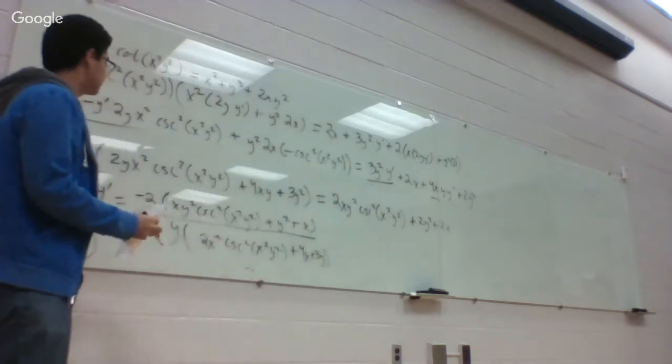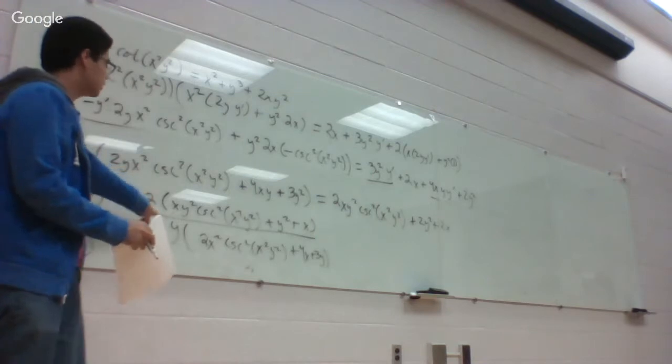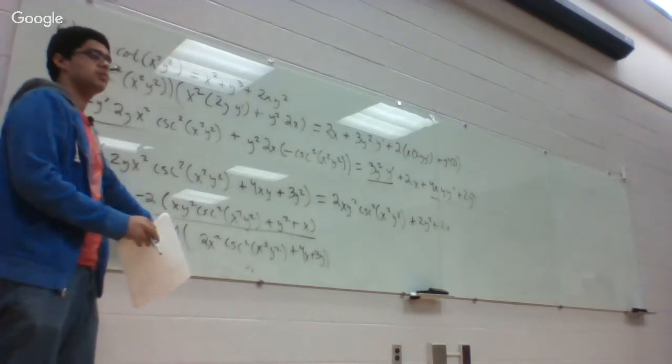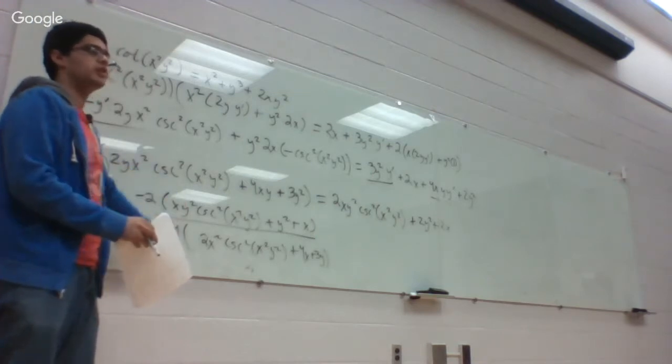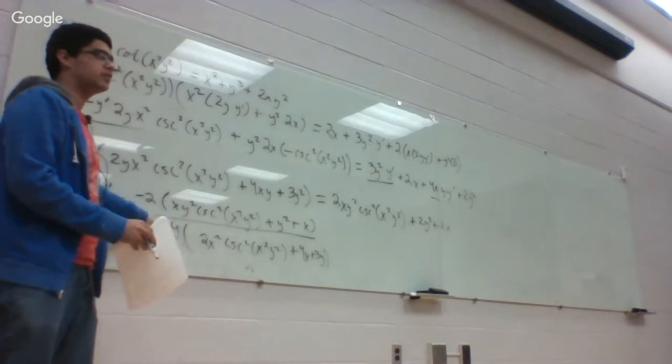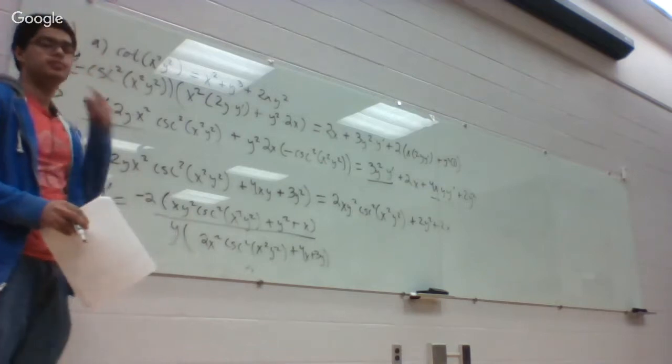One thing to note is that you do need to take this 2 out and this y out. It simplifies it. So in the answer, they want to see that.